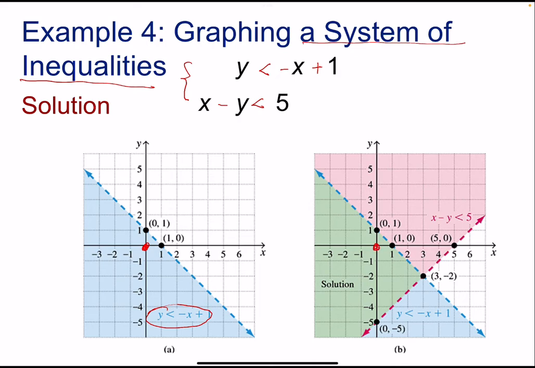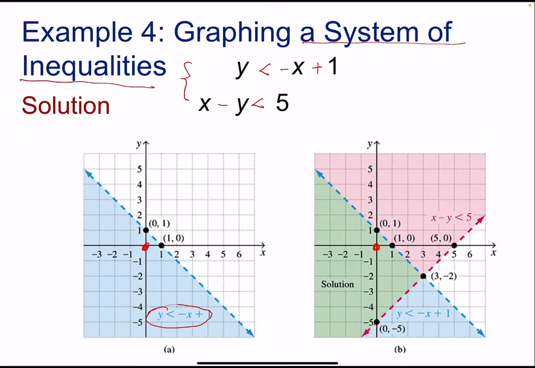If we pick the origin, we plug in x equal to 0, y equal to 0 into x minus y less than 5, and we get 0 less than 5, which means that the half plane containing the origin meets the inequality x minus y less than 5.